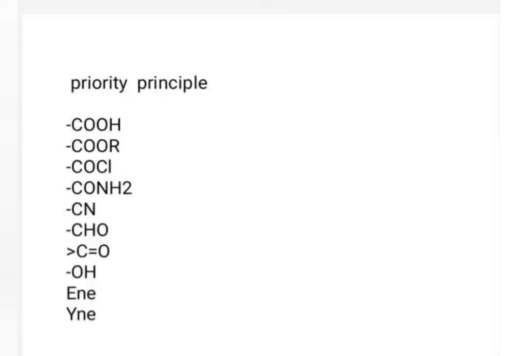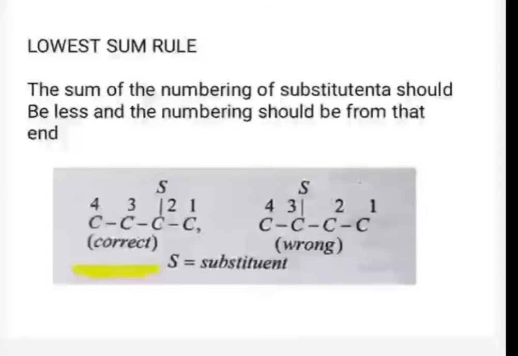I given in decreasing order. See, COOH is high priority than all other, and triple bond has low priority in these functional groups. You look at here, OH alcohol has high priority than ene, and aldehyde has high priority than ketone, and ketone has high priority than alcohol.